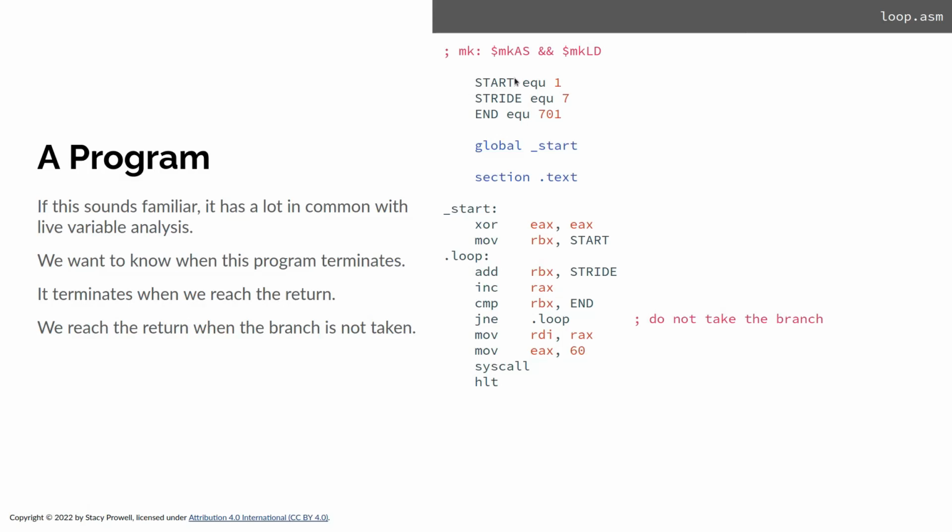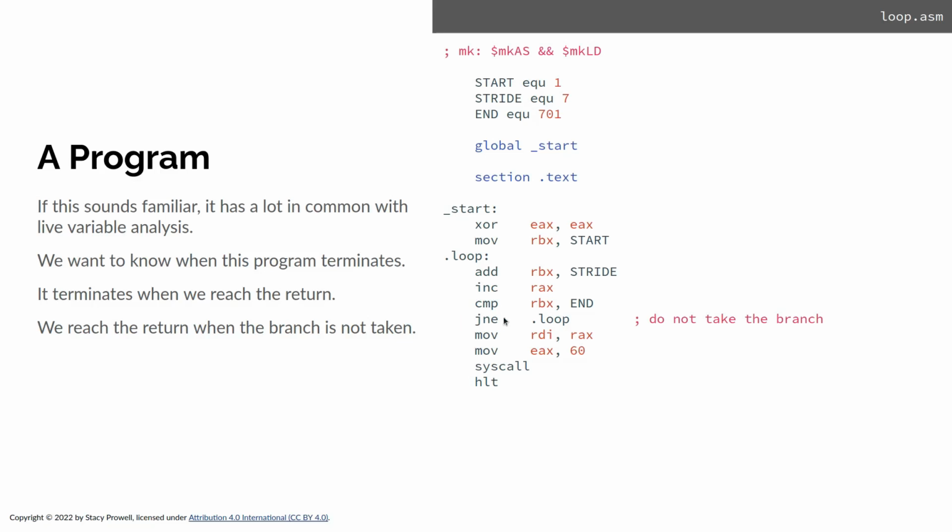So figuring out whether this program terminates really is a question of, do we ever get past this branch? Does this branch ever fail, and we then fall into this case and just slide right through and terminate? So we can reduce the question of termination to a simpler question: is there ever a case where we do not take this branch?